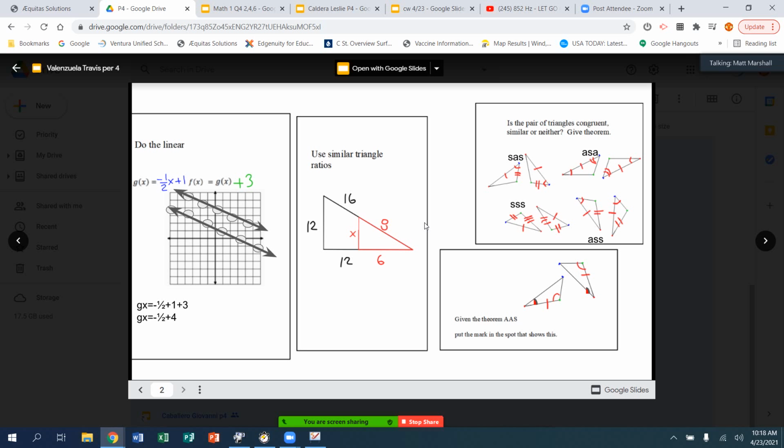Remember, make sure you put that congruent symbol on there to get full credit. Test day, don't forget that symbol, because even though you're listing these perfectly, you wouldn't get full credit because you're not indicating to me that they're congruent. Write that little symbol on there. Good job. All right, Travis is done.